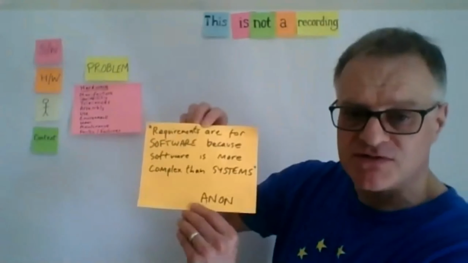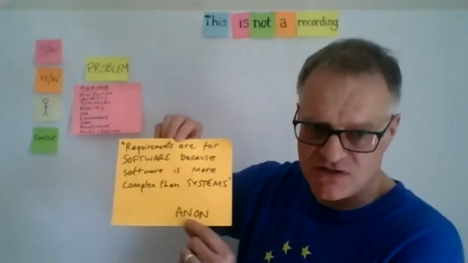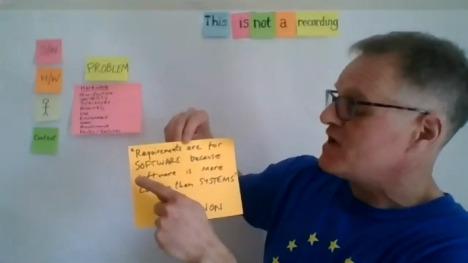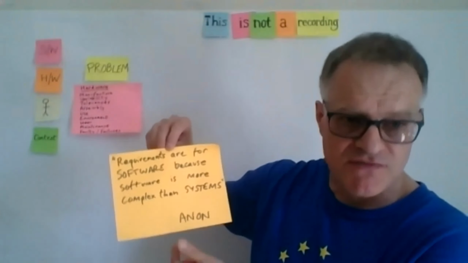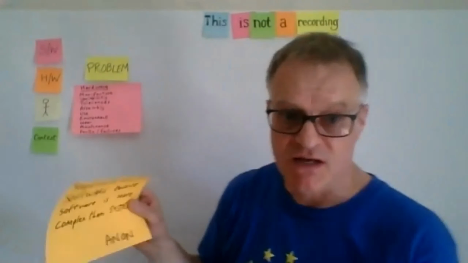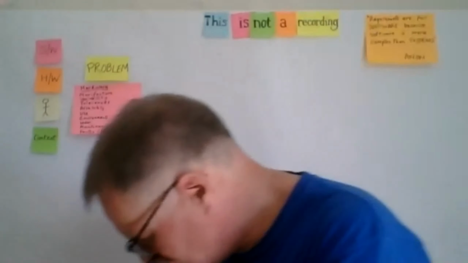There's a specific quote by a well-known member of the requirements community, who shall remain anonymous to protect them: requirements are for software because software is more complex than systems. This is what a prominent member of the requirements community once said, and I may come back to that.